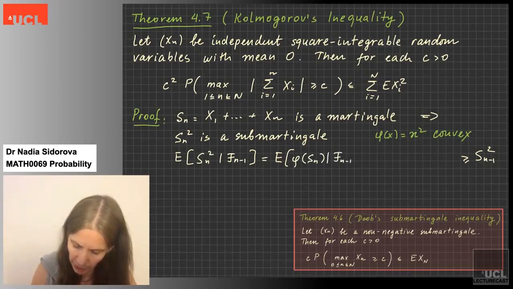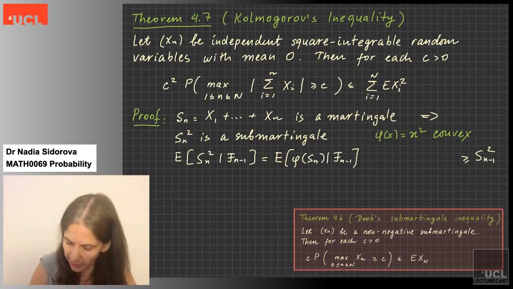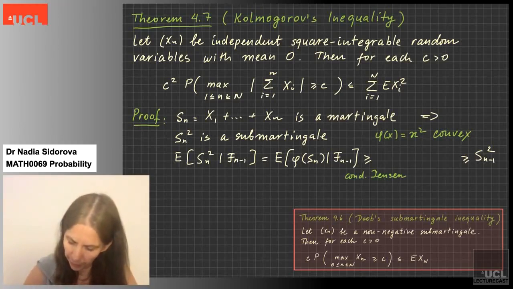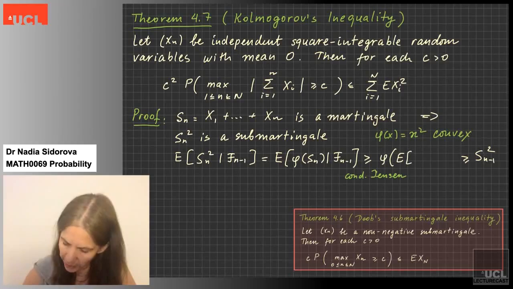And then conditional Jensen's inequality said that this is always greater or equal than phi of the conditional expectation of Sn with respect to Fn minus 1.